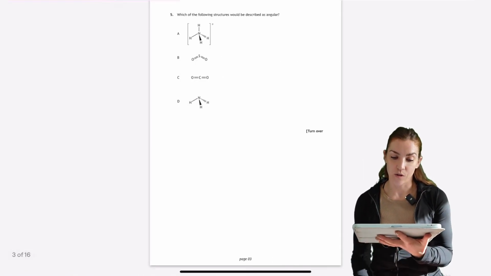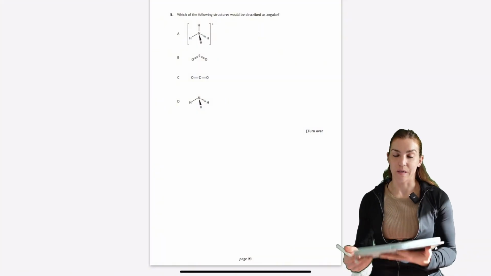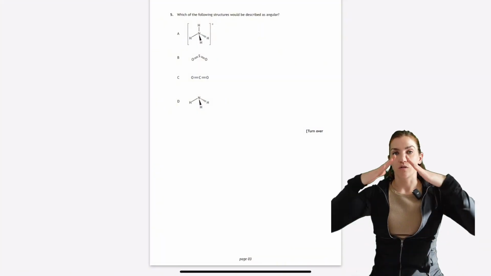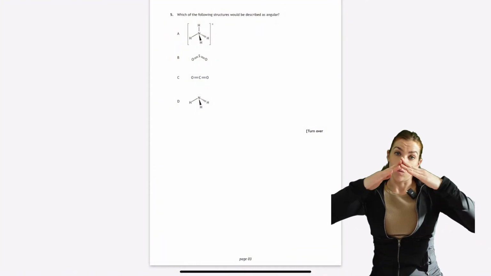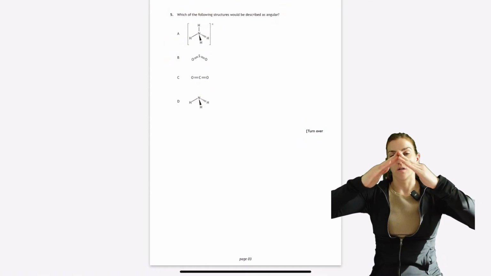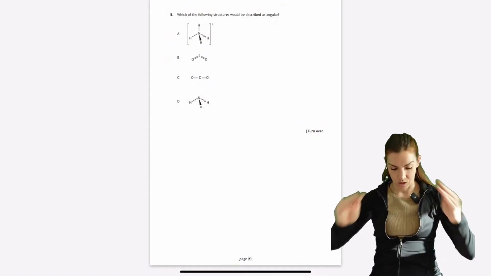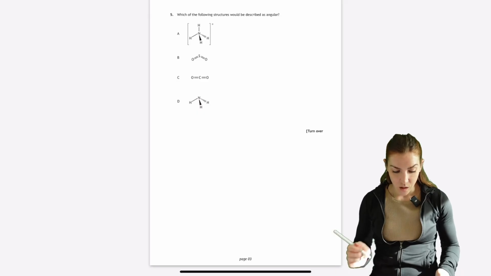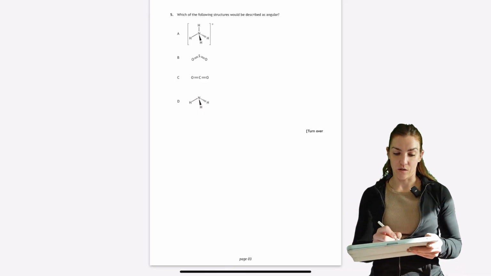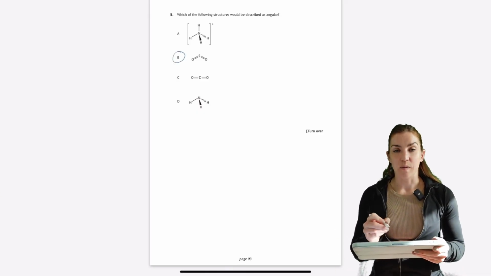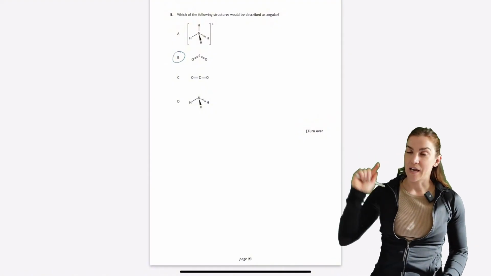Question 5, which of the following structures would be described as angular? Angular molecules are ones that look like water. They've got this kind of angled upside down V shape, if you like. And the only one here that is angular is B. A would be tetrahedral, it's got that 4 heads.